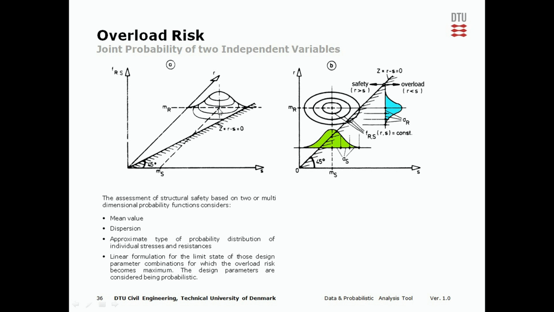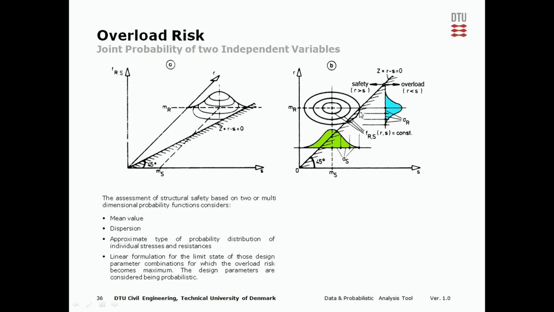So we would like to have, of course, the values of the resistance being much larger than those induced by the stress. And this line here is now cutting the joint probability where the stress becomes larger than what the resistance can accept.